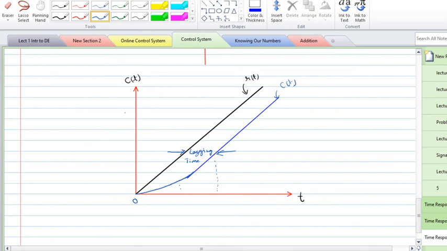And if we see the error, then we find that there will always be error between the input and the current output at any instant, and this error will be equal to the maximum error, that is also known as your steady state error, and this will be equal to T. This difference will be equal to T here, and this lagging time will also be equal to T.